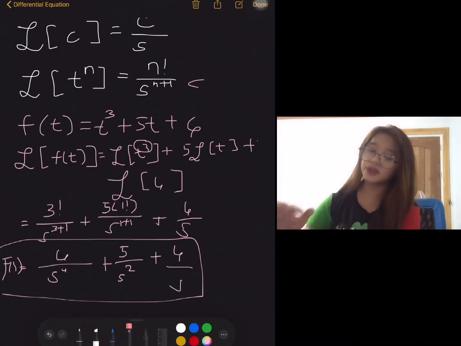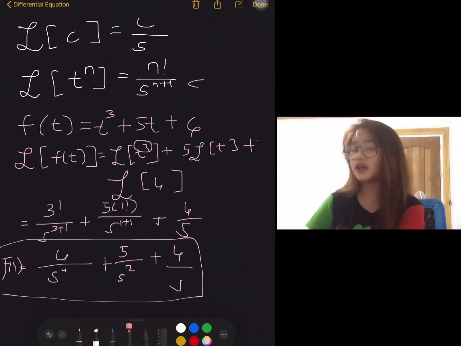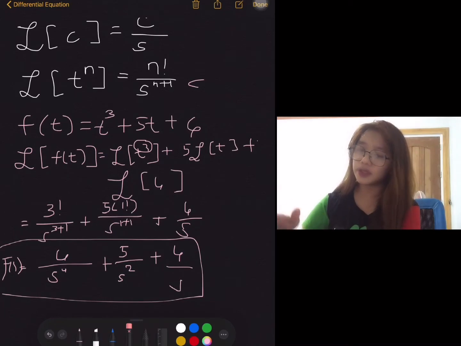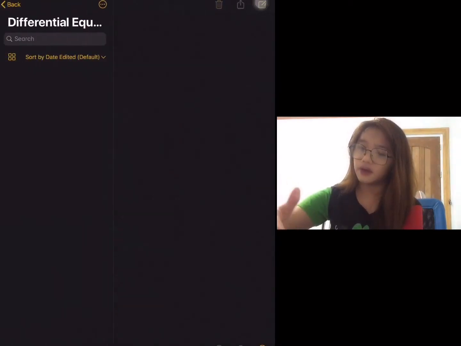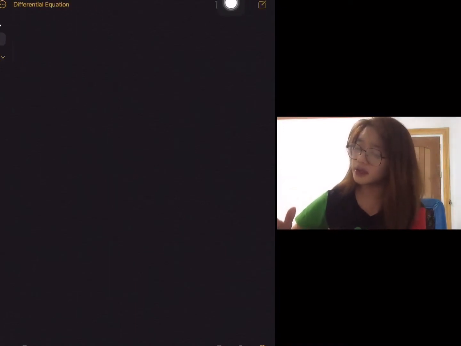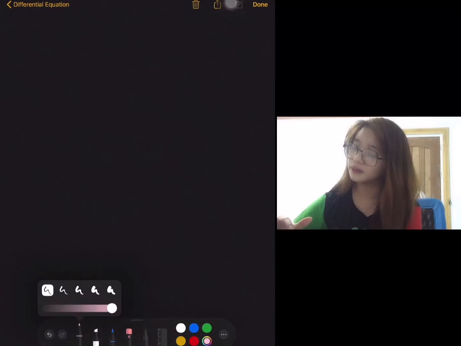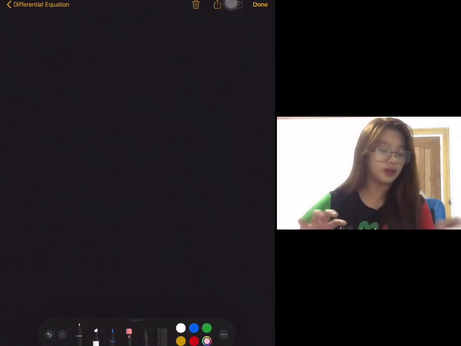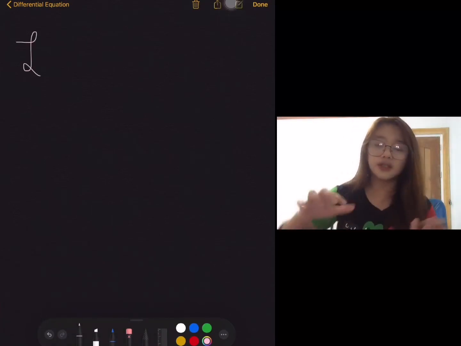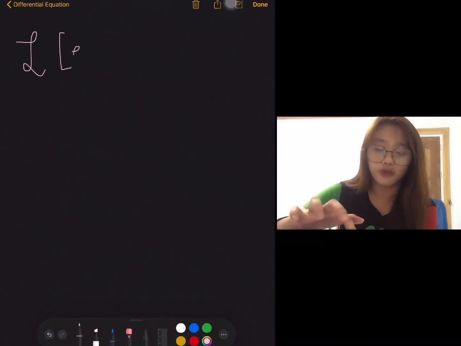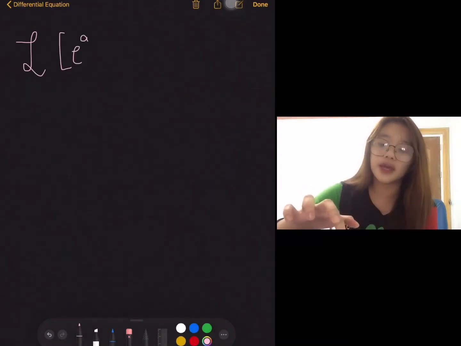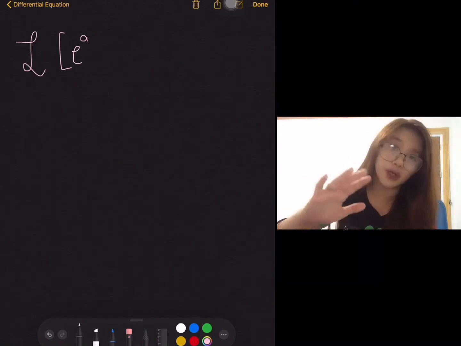Okay, now let's proceed to the next formula that we will be using. Let's use the Laplace transform of e, our natural number, e raised to a times t, where a is a number.